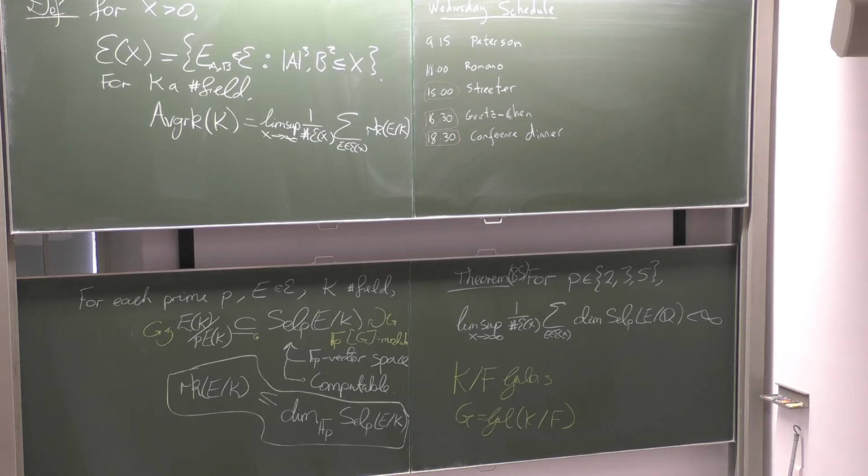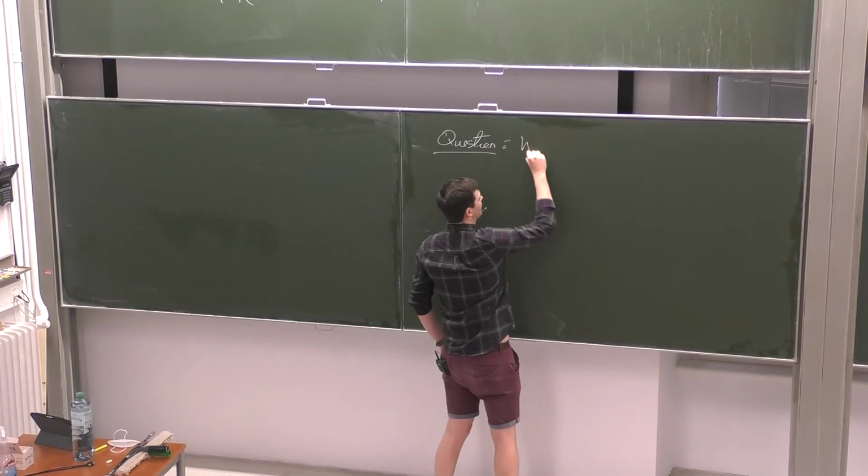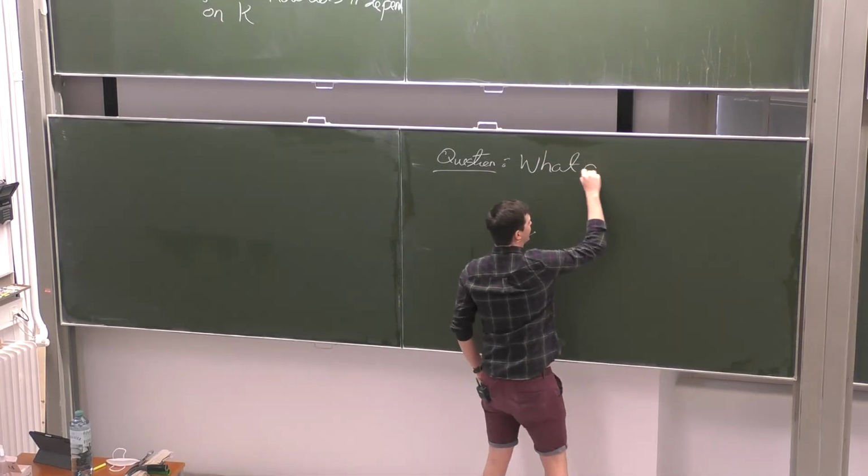Well, I guess the most general question available to us, so that we don't have to restrict the group or the prime, is, well, what does the fixed space look like? Right, there's always a fixed space.